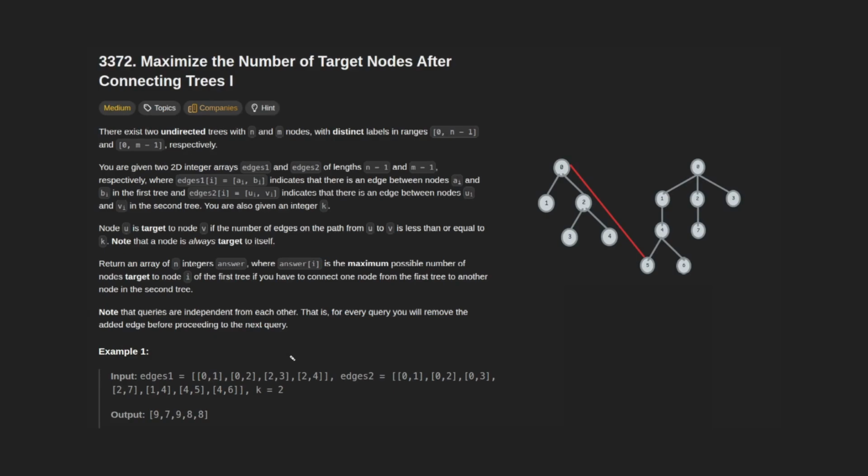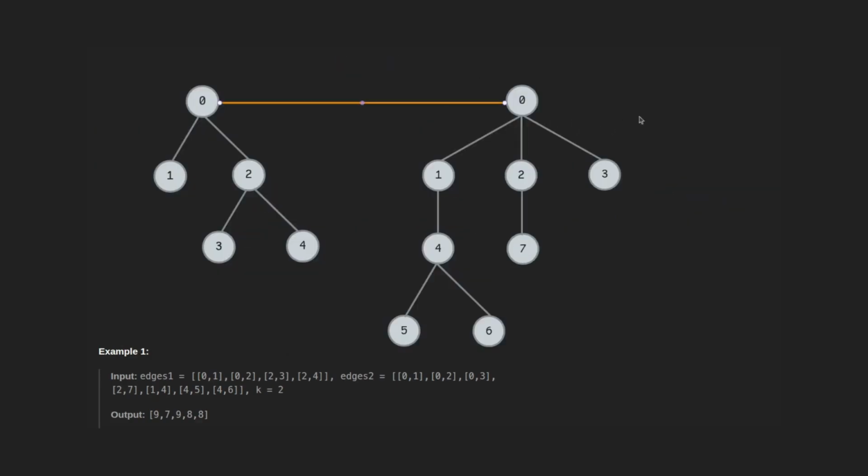Let me make some space. So I will be connecting to each node, starting with 0, and look at this. The maximum we can get by connecting 0 to 0, where k is 2, so in 2 hops we have to reach it.